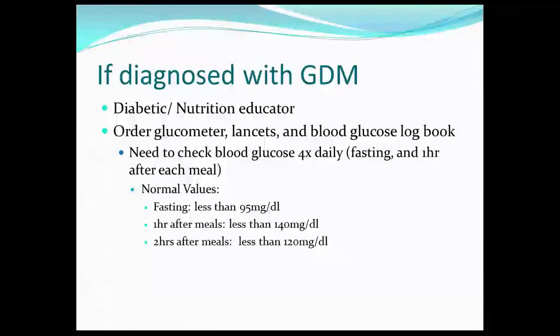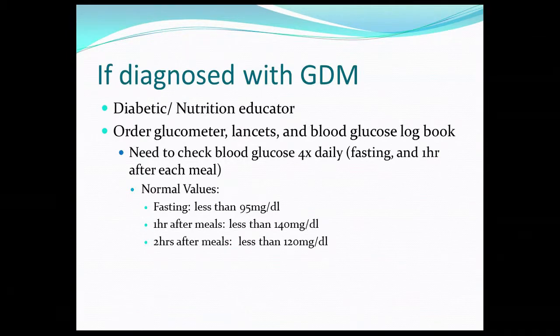So what happens if you're diagnosed with gestational diabetes? What are you going to experience at that point in time? One thing your doctor will order is a diabetic or nutrition consult, or a nutritional educator who will help you in coming up with a solution for carb intake and fat intake. Keeping in mind that the goal is not to lose weight, never during pregnancy.